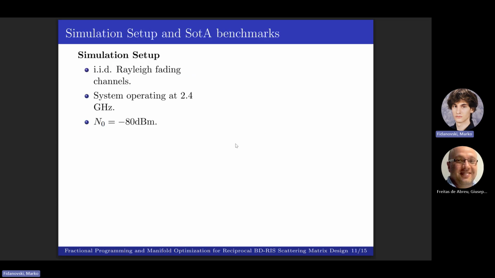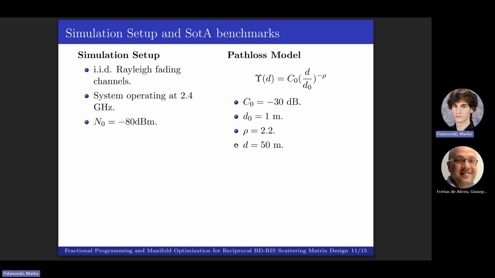So a bit about the simulation setup. We consider IID fading channels, and our system is operating at 2.4 gigahertz with a noise power density of minus 80 dBm. More about the path loss model, we consider a distance dependent path loss model where we have our C0, which is just some reference path loss at a reference distance of 1 meter.